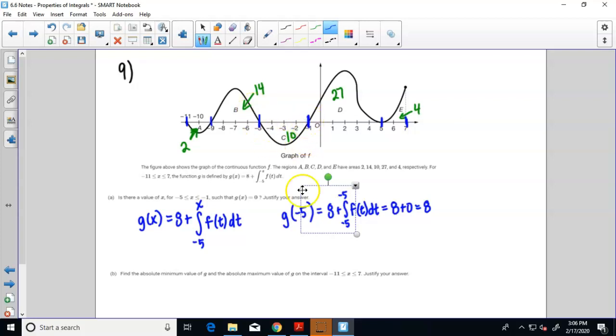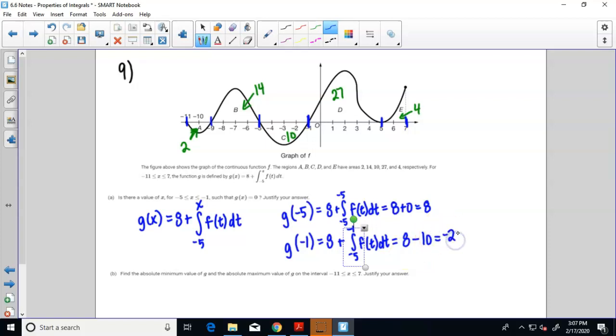So if I use the next one, g of negative 1, that would be 8 plus the integral from negative 5 to negative 1 of f of t dt, which would be 8, and right here it would be minus 10, because that area is below the curve, so it'd have to be a minus, which would give me negative 2.